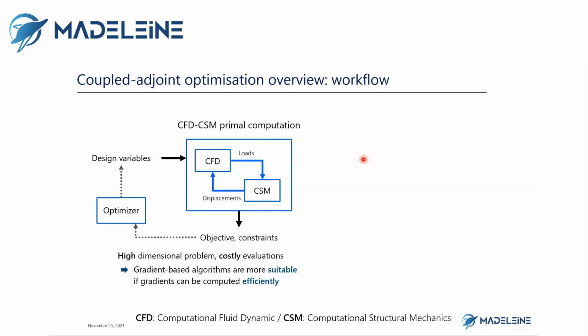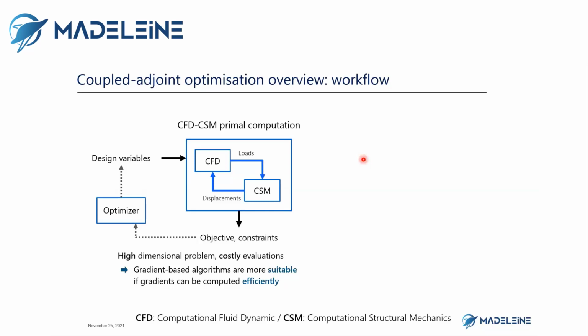So first, just a word on the coupled adjoint optimization framework, and in more detail, the different high-fidelity tools that have been used by the different partners. As was presented for the previous group, here we are interested in flexible aerodynamic optimization and aerostructural optimization.